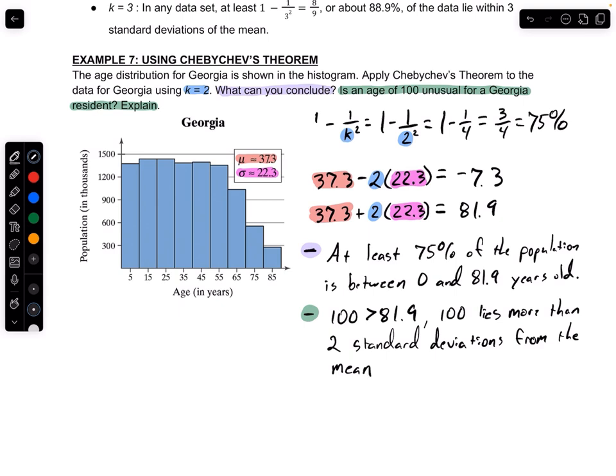That 81.9 was our upper limit of 2 standard deviations, and 100 is obviously greater than that. So 100 lies more than 2 standard deviations from the mean. So 100 is unusual.